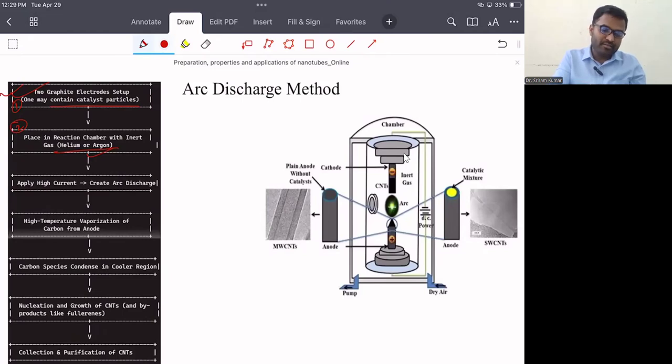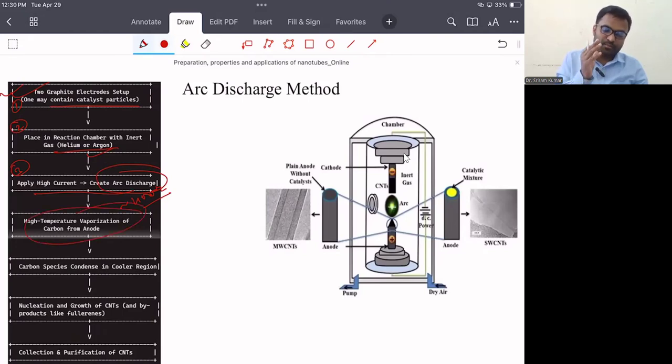And the third step is to apply a very high current between the anode and the cathode. When we apply very high current, there is arc formation, and because of the arc formation and the temperature close to 4,000 degrees Celsius, vaporization of carbon from the anode happens.